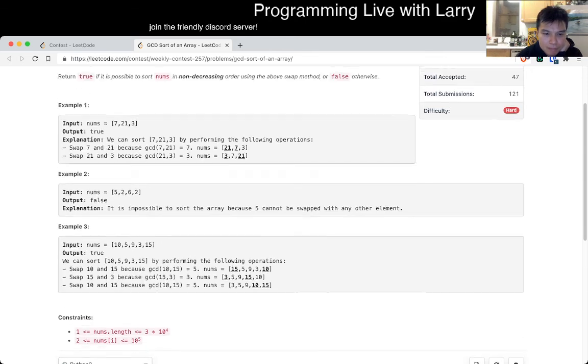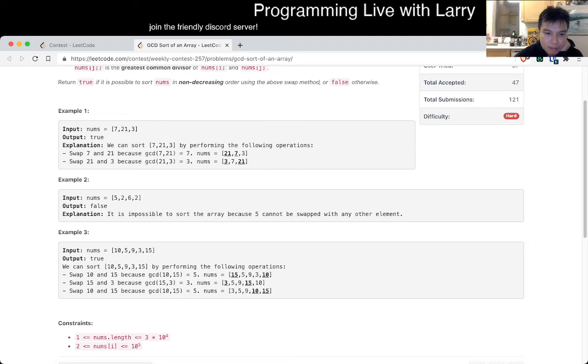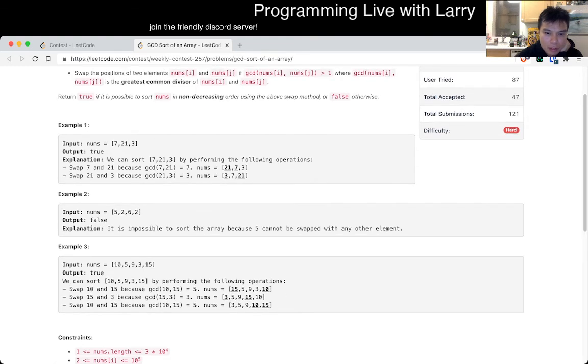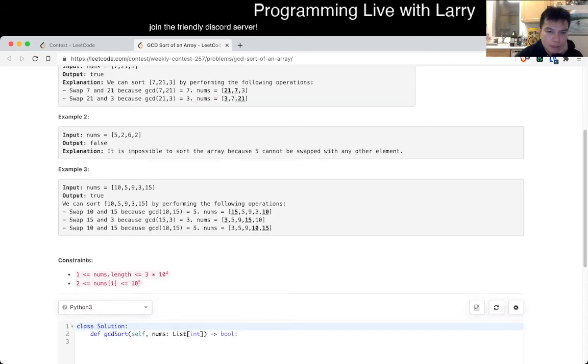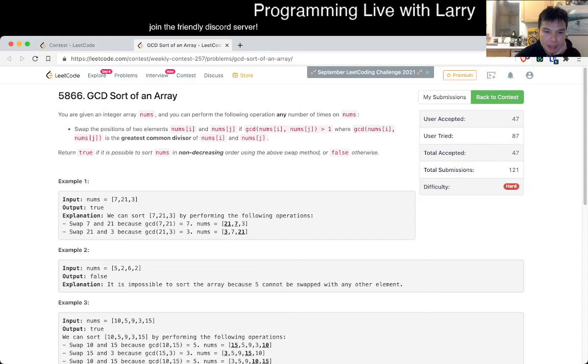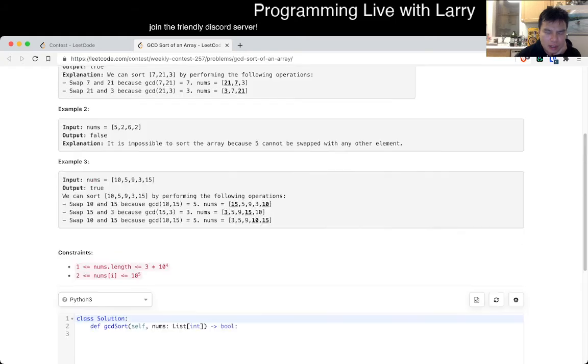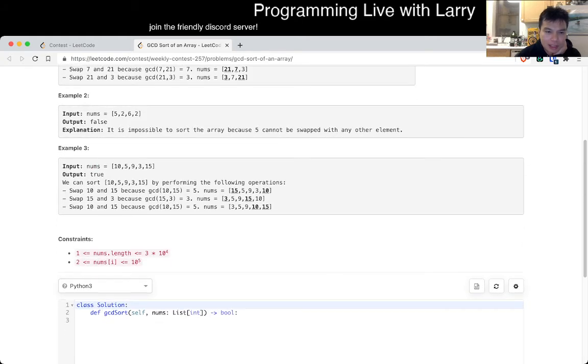Okay. So yeah. How do we figure out? I think it's going to be some sort of union find, but how do we figure it out? If they have a common denominator, or common divisor, then that's good.